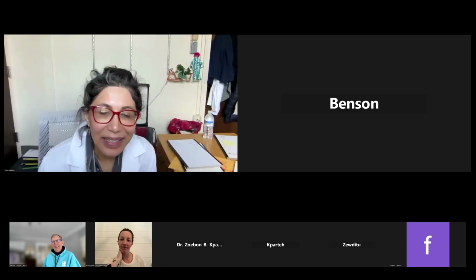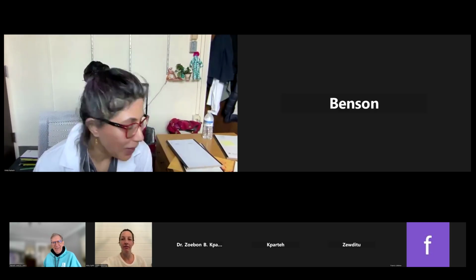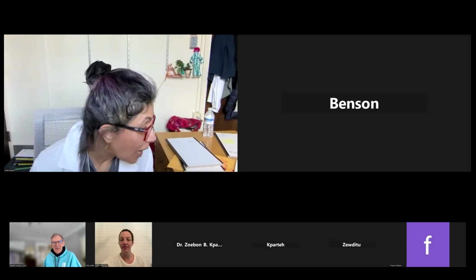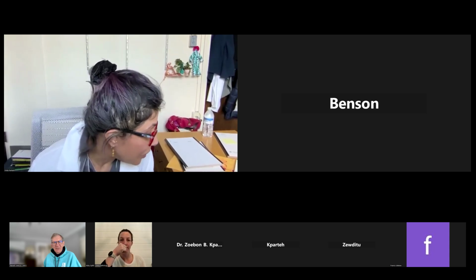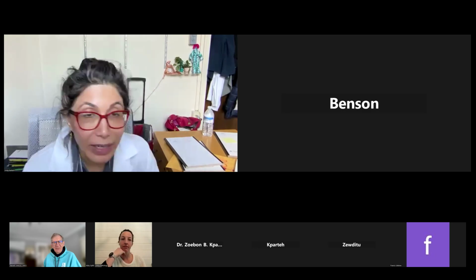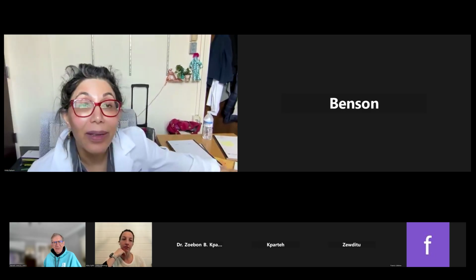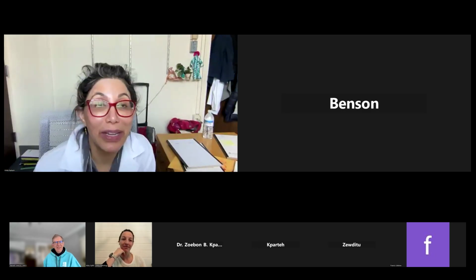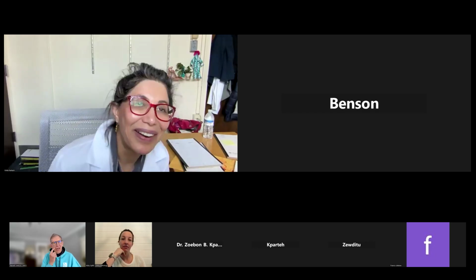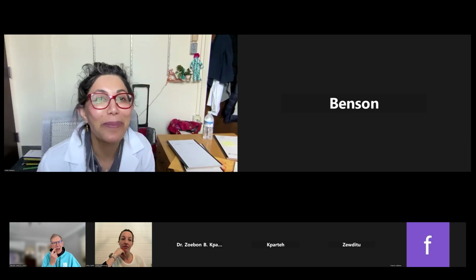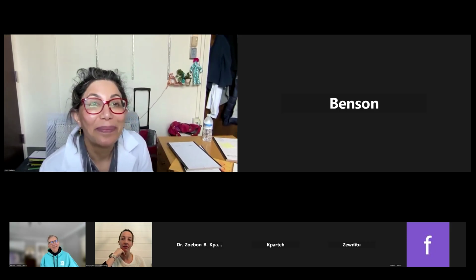I guess I don't really have anything to share, but I will have cases to share. I may just post the images to you guys because I have a case that's sitting right here: polyarteritis nodosa, diagnosed based on her hysterectomy for leiomyoma. Oh my goodness.